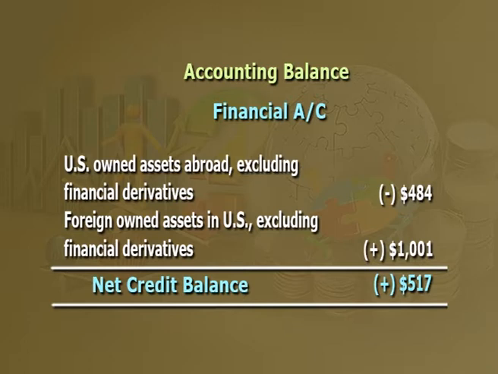Table 1 shows that in 2011, US owned assets abroad increased by negative $484 billion, excluding financial derivatives, while foreign owned assets in the US, excluding financial derivatives, increased by positive $1,001 billion. This gives a net credit balance of positive $517 billion.